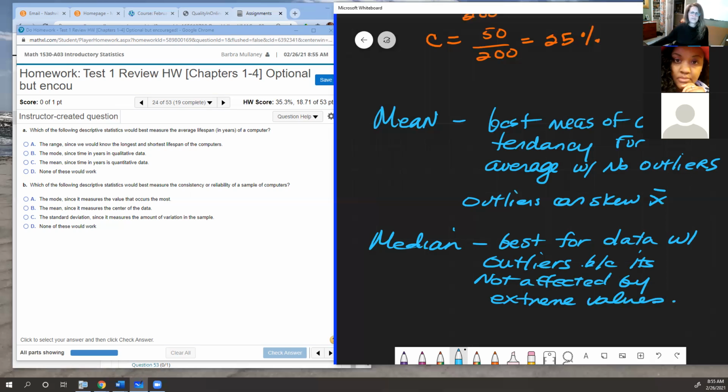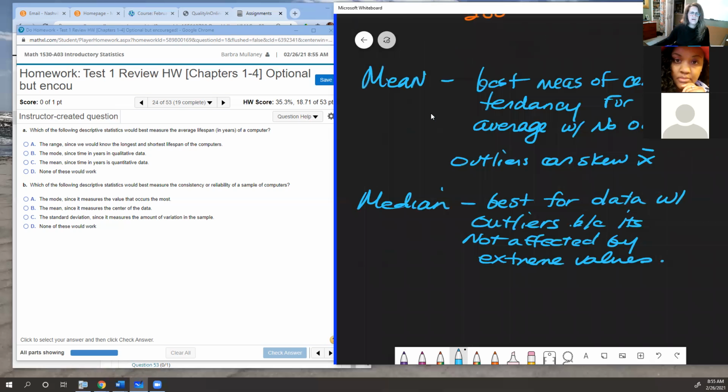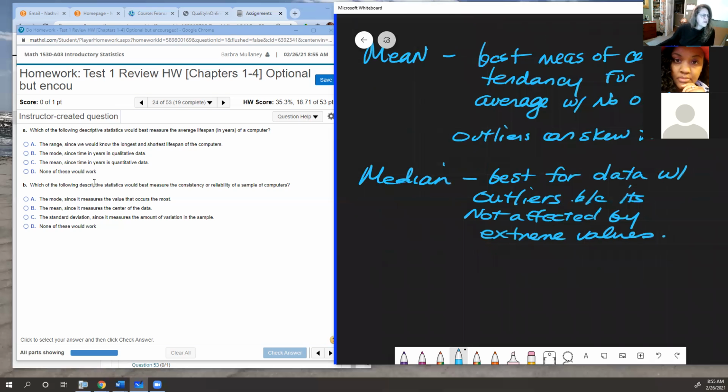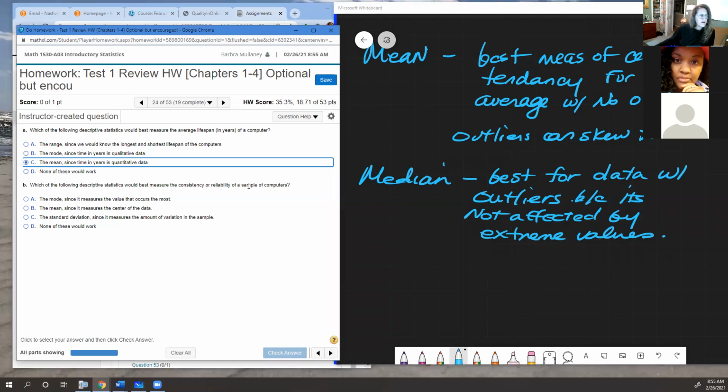All right, so the average lifespan of a computer, that would be the mean. And then which of the following descriptive statistics would best measure the consistency or reliability of the computers?